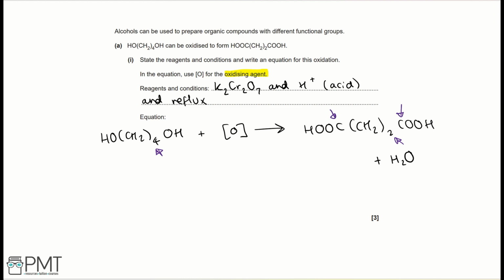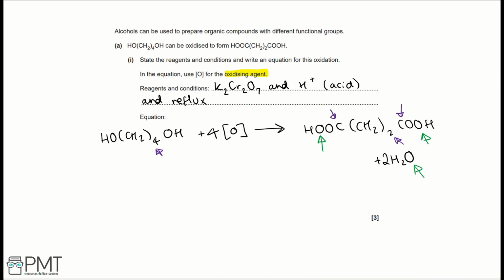And so to balance it with this H2O, we actually need 2 waters to make sure this is a balanced reaction. And looking at the differences in the oxygens, well, we have an additional 2 oxygens here, but we also have 2 from the water. So to balance, we need 4 oxidizing agents.